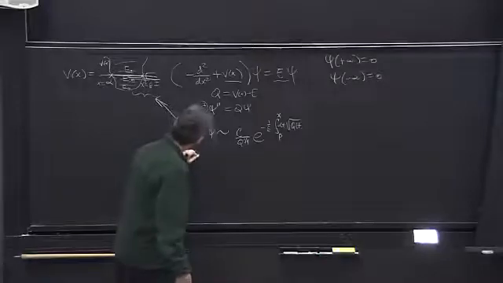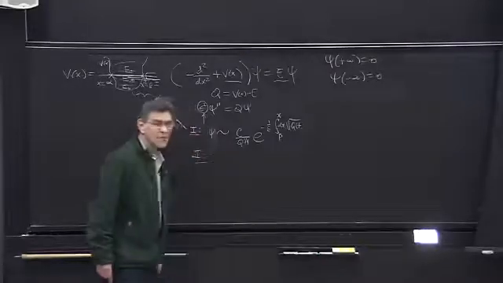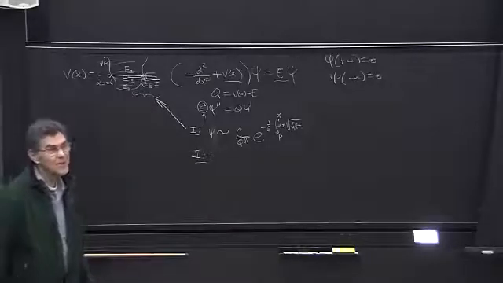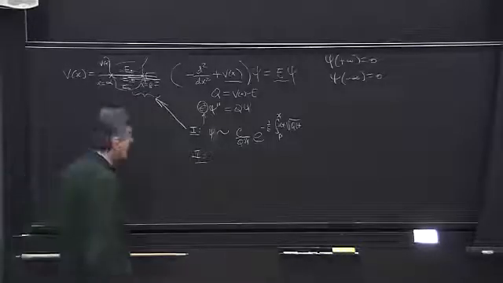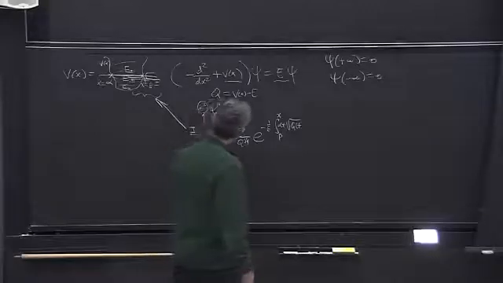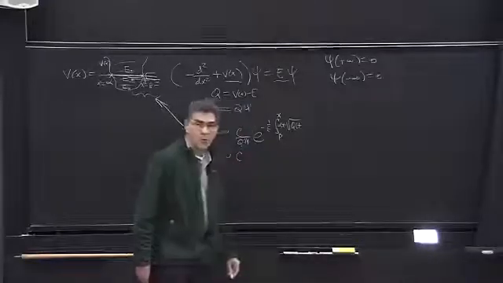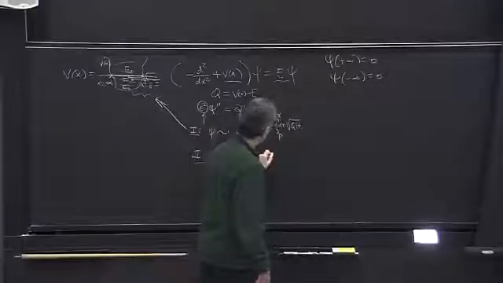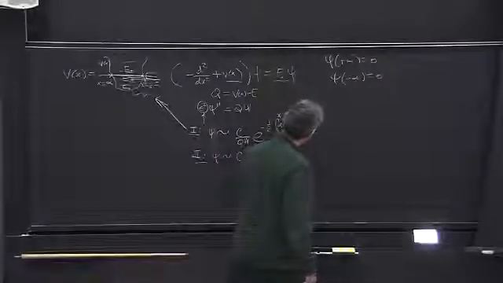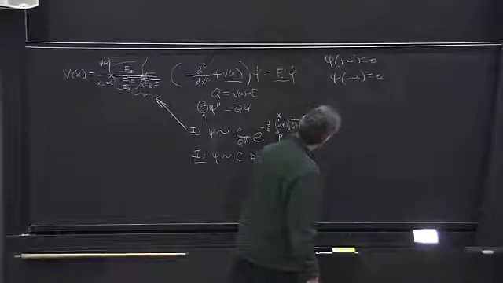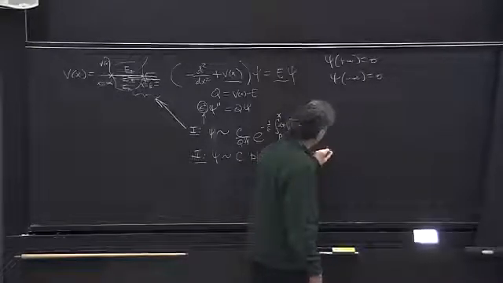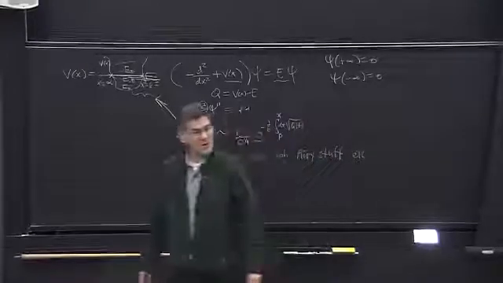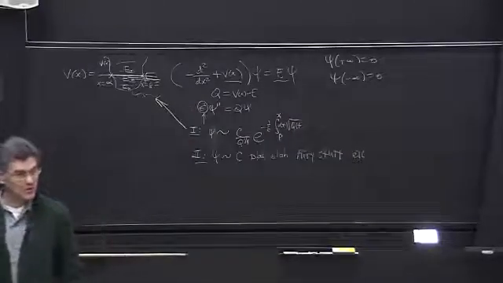And in region 2, well, who cares about region 2? We already did that. So in region 2, psi is proportional to c times blah, blah, blah. We're not going to write down that formula because it's just an Airy function.